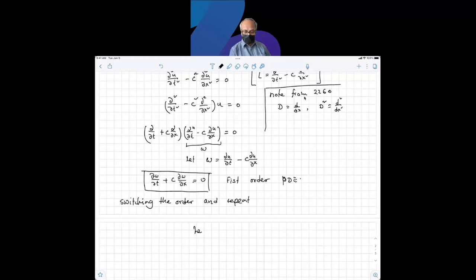So this time let v equal du/dt plus c du/dx, because the inside part next to the equal sign will be the plus, and this part I denoted by w, this time I will denote by v.